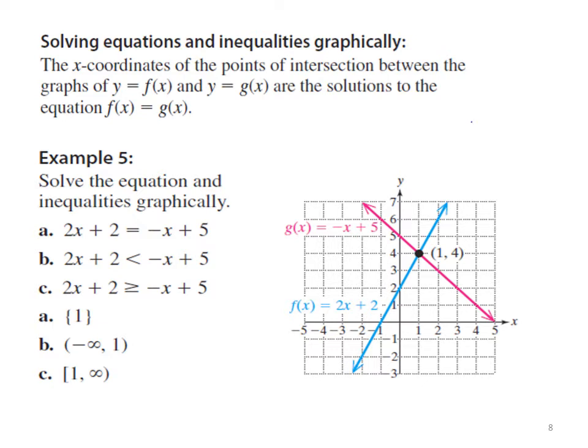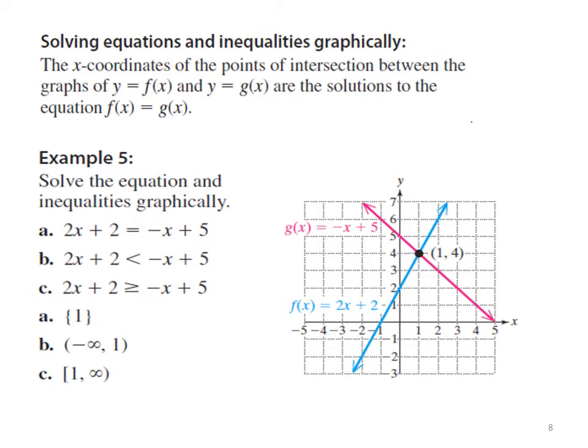Now, before we did solve equations. To do this algebraically, what it amounts to is set the y values equal, set f of x equal to g of x, and solve for x. That gives you the equation in part A, 2x plus 2, that's f of x, equals minus x plus 5, which is g of x.